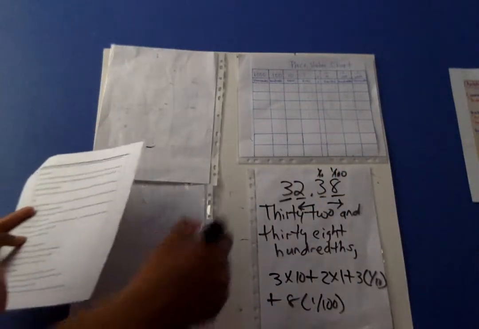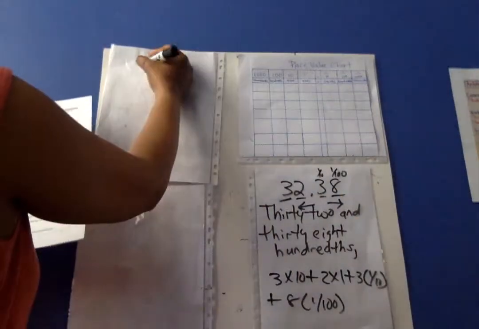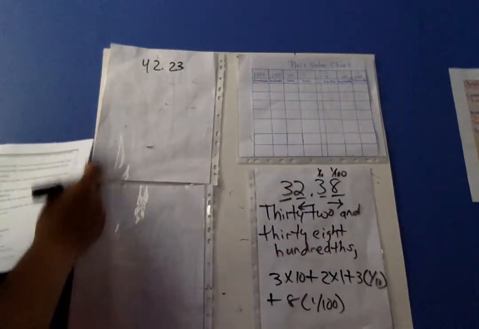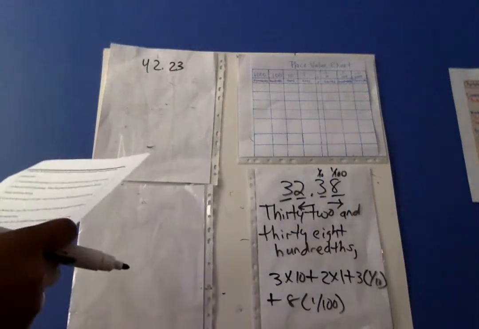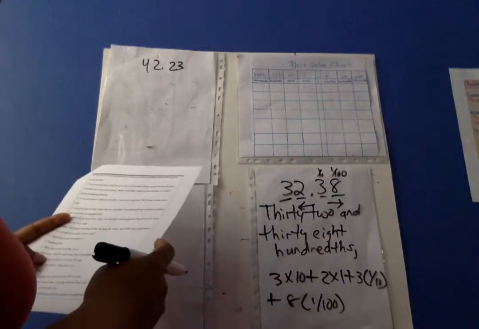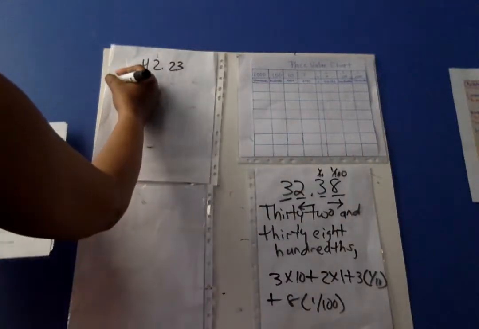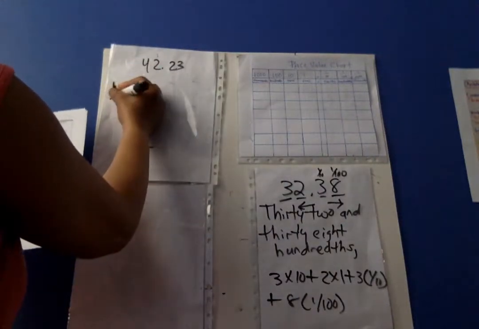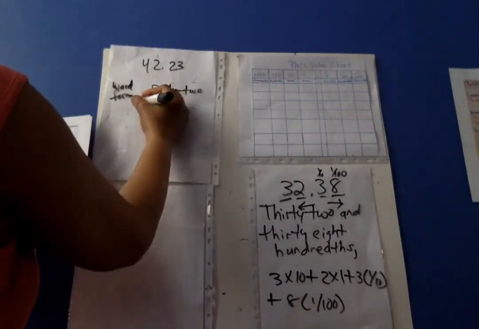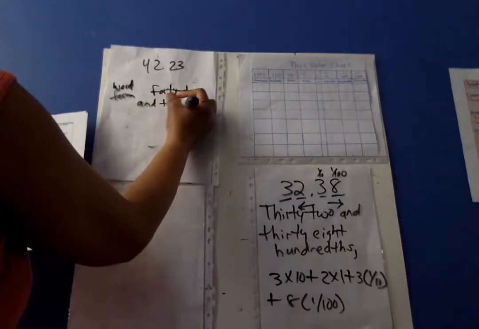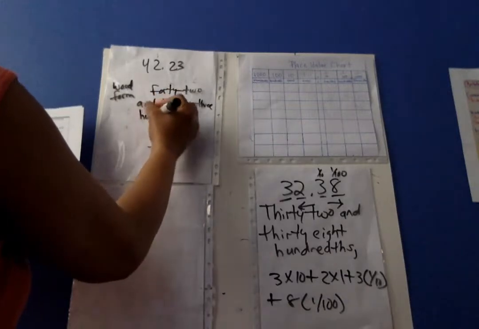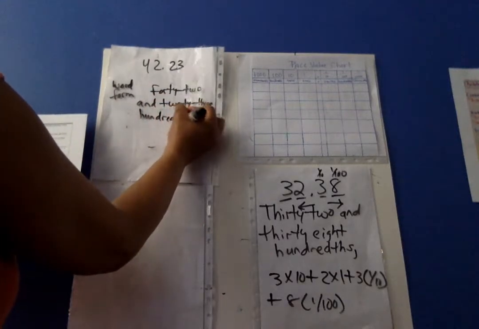Let's do a few more problems. 42.23. What form is this number in? Student will say standard form. Who can put it in another form? I can put it in word form. 42 and 23 hundredths.